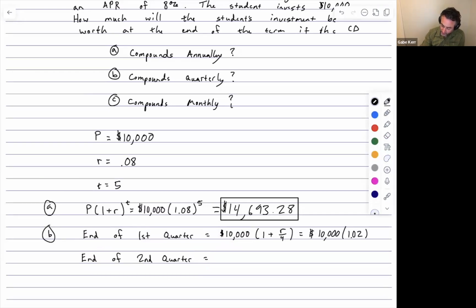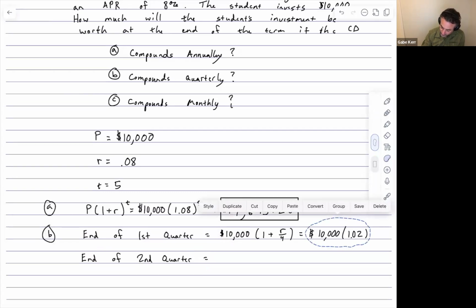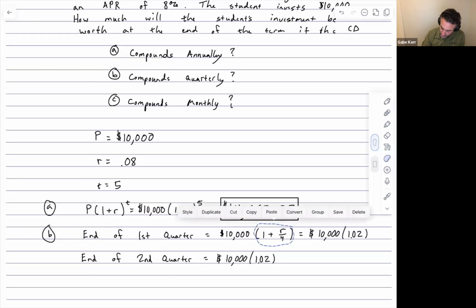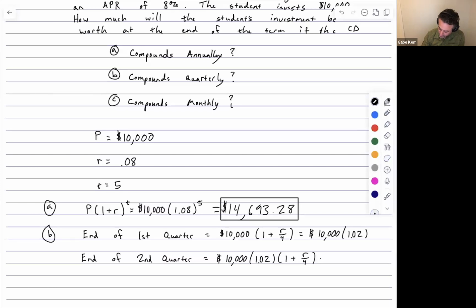Well, they'll have that amount, the amount that they had, but then they have to apply the interest to that. So they get 10,000 times 1.02 now squared.